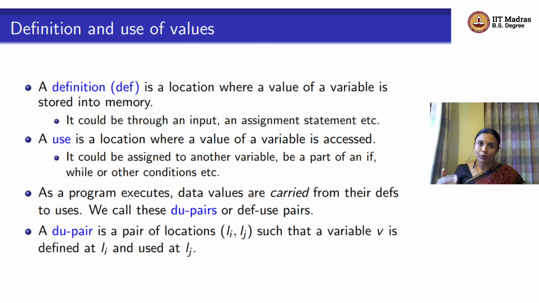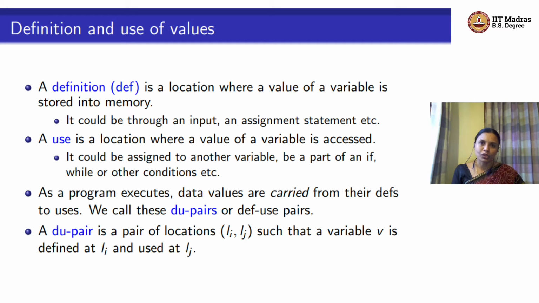So as a program or a function executes, variables get defined, and the variables that get defined get carried from their definition to their uses. These data values that get carried from the definition to the uses are what we call a definition-use pair, def-use pair, or DU pair. D is short form for definition, U short form for use.